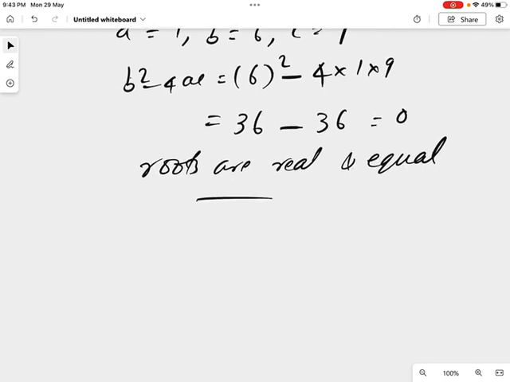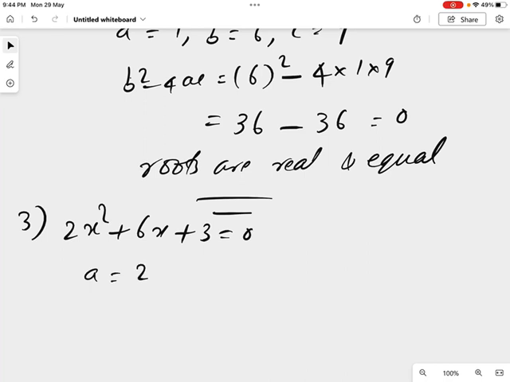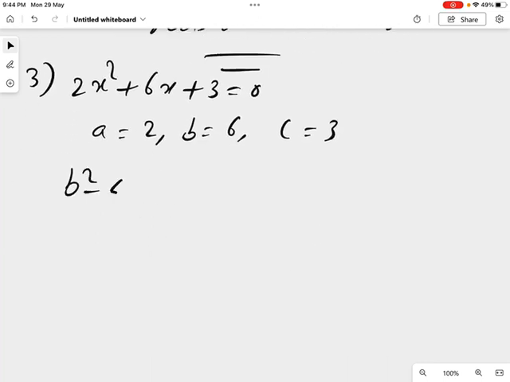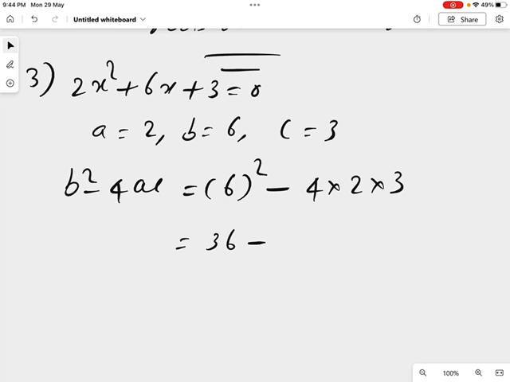Then the third one is 2x square plus 6x plus 3 is equal to 0. Here a is equal to 2, b is equal to 6 and c is equal to 3. So b square minus 4ac is equal to 6 whole square minus 4 into 2 into 3. That is equal to 36 minus 24, that is equal to 12.